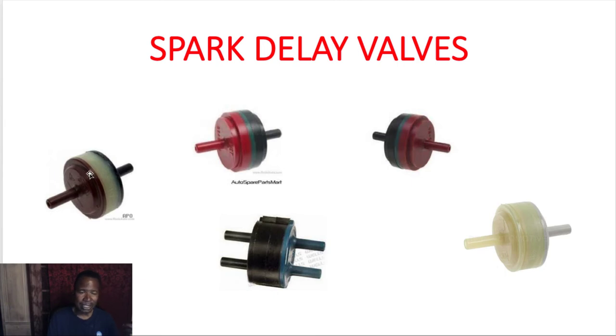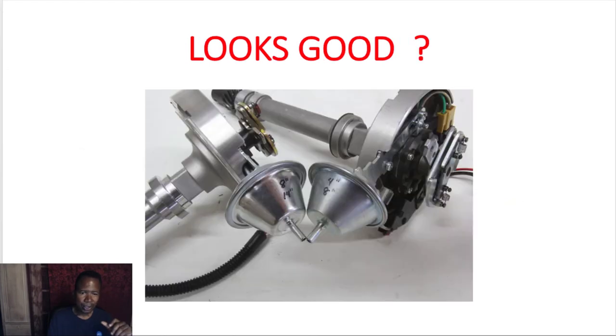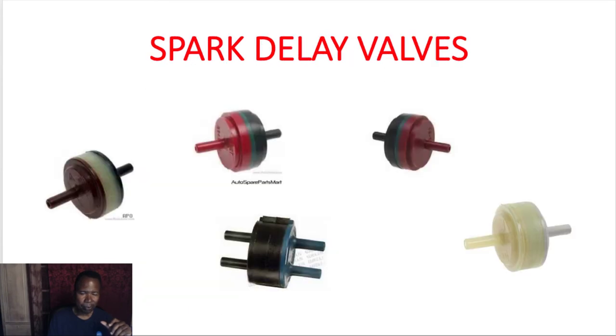So these spark delay valves actually delay the vacuum to the vacuum advance. It's usually hooked up with a vacuum line to one end of the delay valve and the other end to the carburetor or throttle body source.